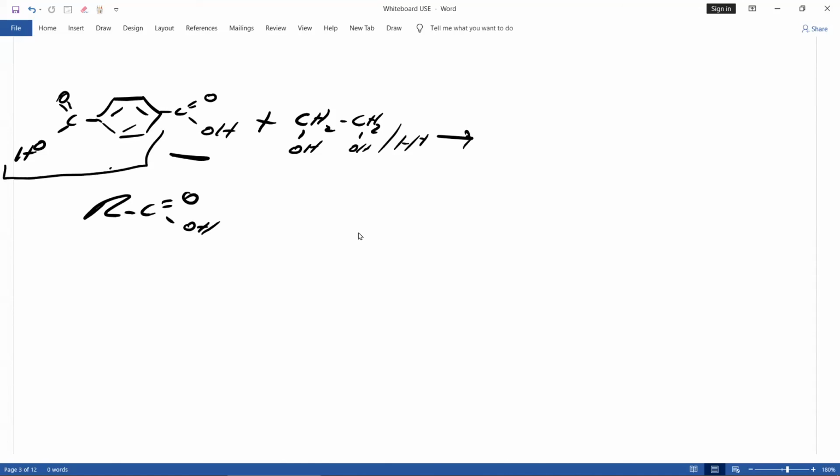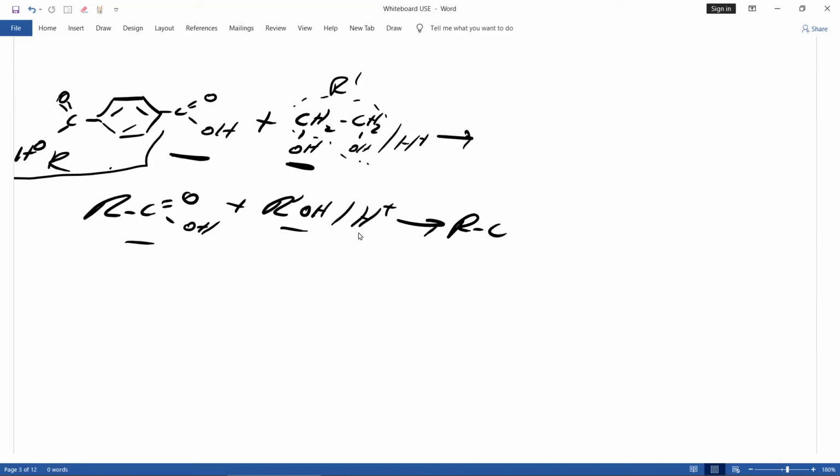All this stuff I can call R. And here I have two alcohols, but let's just think about R prime acid. And look at this alcohol and the rest of this I'll call R prime. And when you do this, carboxylic acid, alcohol, what do you get? You get an ester. Well, if I do that, I'll have my R group.